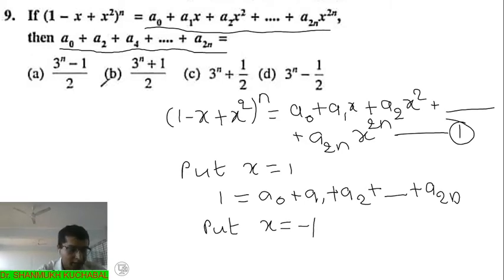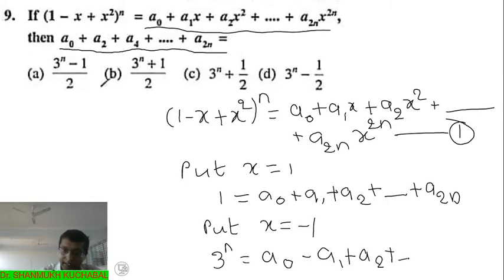So we get minus 1 minus of minus 1 plus 1; minus 1 squared is plus 1, so 1 plus 1 plus 1 is 3. It is 3 raised to n, equal to a0 minus a1 plus a2, like that, the last term being a2n.